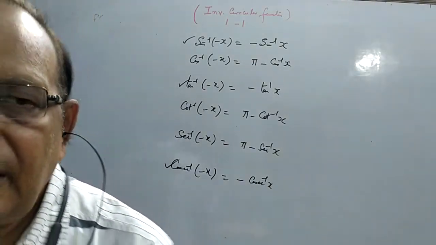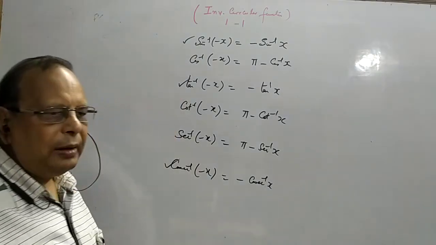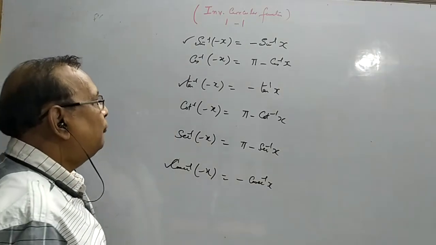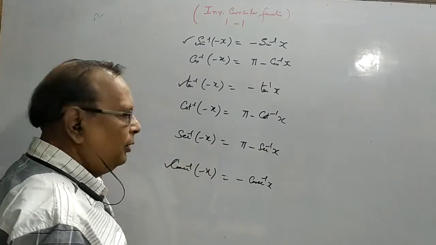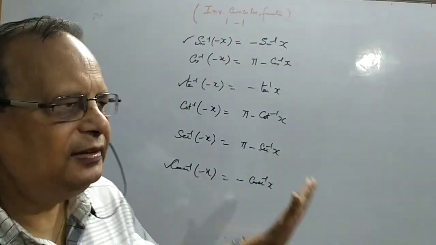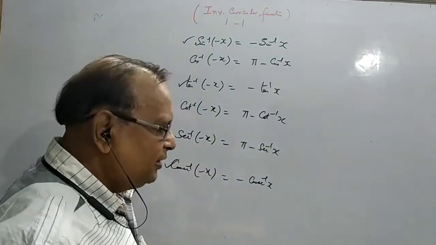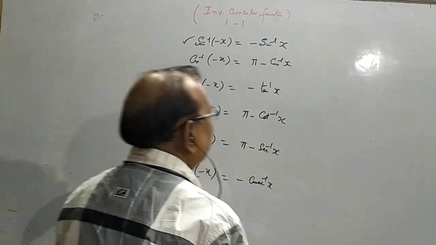Range is lying between 0 and pi, and remaining minus pi by 2 to pi by 2. Therefore, only minus sign will be taken out, for which range is minus pi by 2 to pi by 2. That is very easy to learn. All these 6 formulas, you may keep it on your tips.